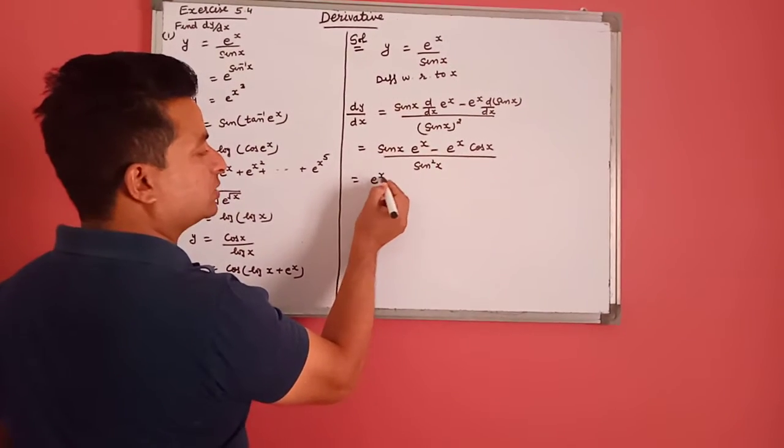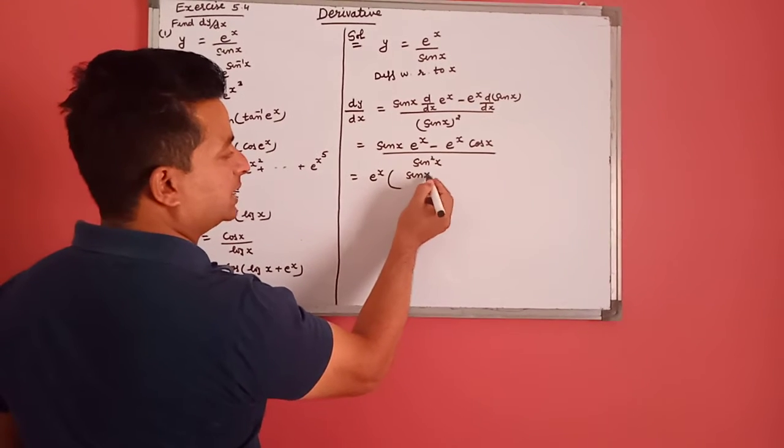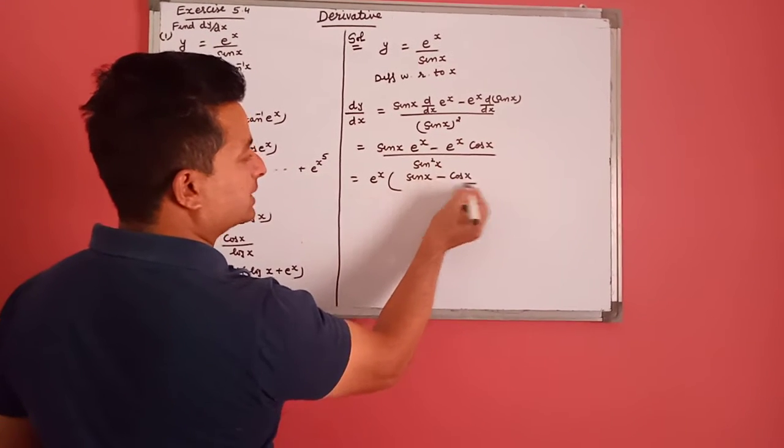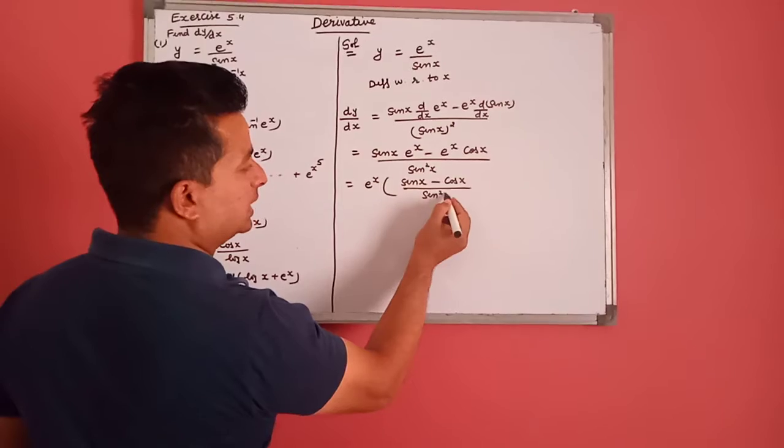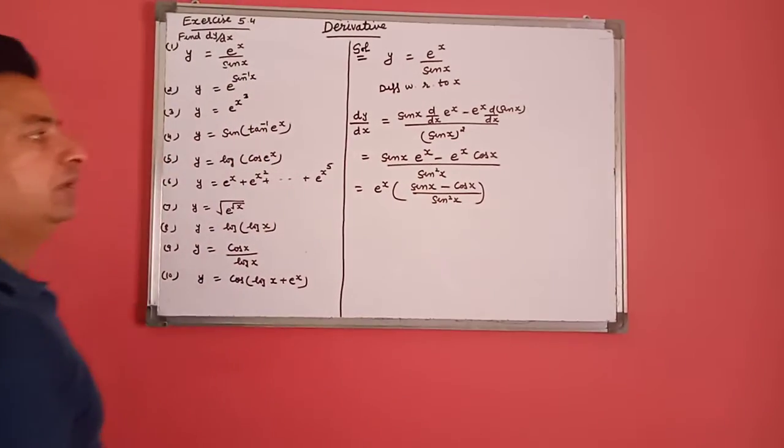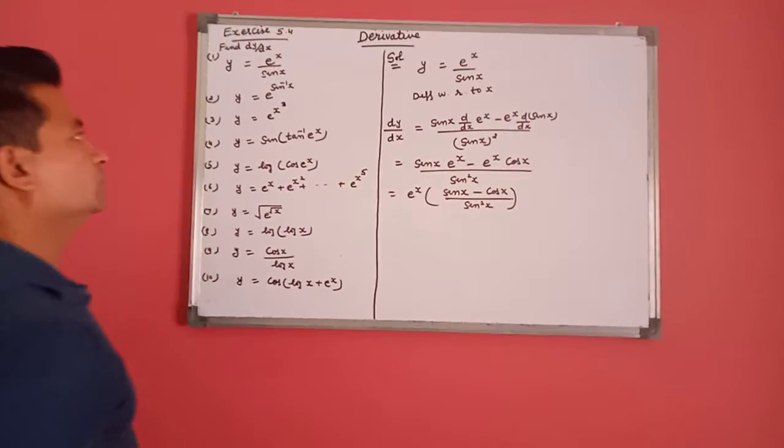Taking e^x common, we get e^x (sin x minus cos x) upon sin square x. This is the differentiation of this question.